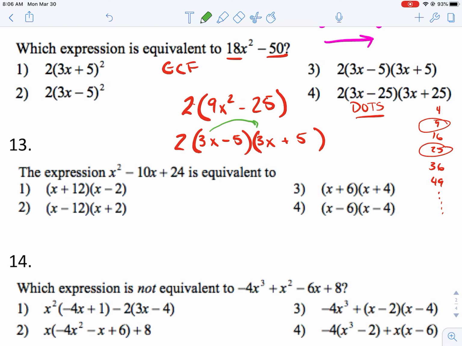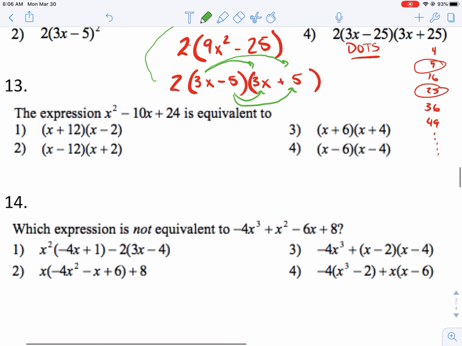And if I were to multiply these two pieces together, and then multiply that 2, you should get the same thing back there. Okay, and so do we see that answer? We sure do. That is number 3.